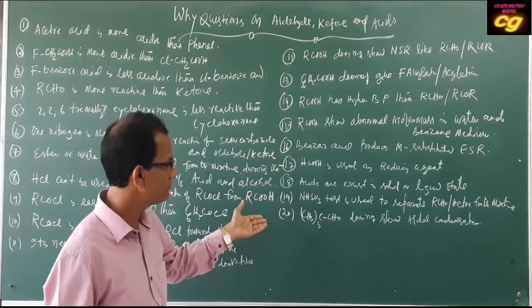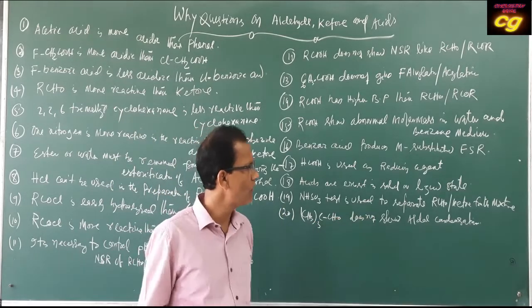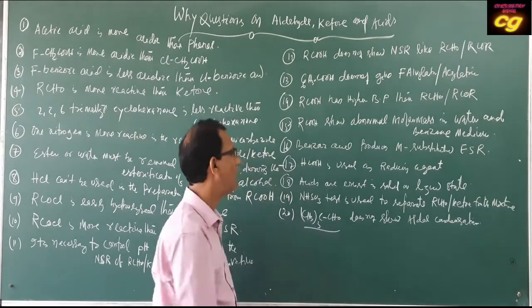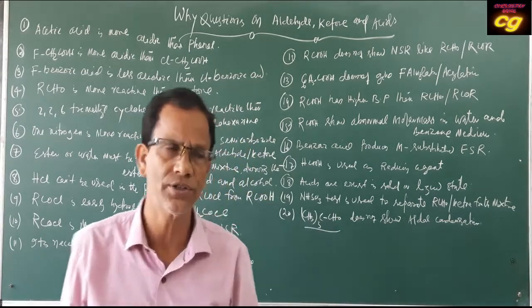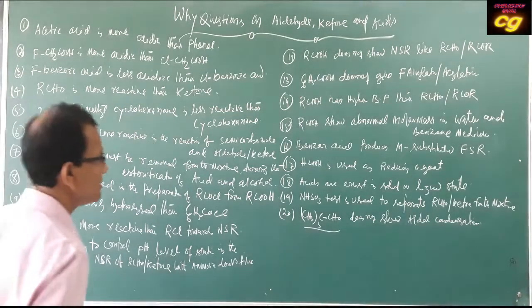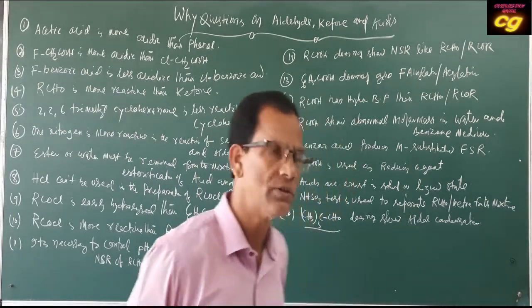The question is: CH3CCO does not show aldol condensation. Why does this compound not show aldol condensation? Already we have read that aldol condensation is mainly shown by aldehydes or ketones having an alpha hydrogen atom.